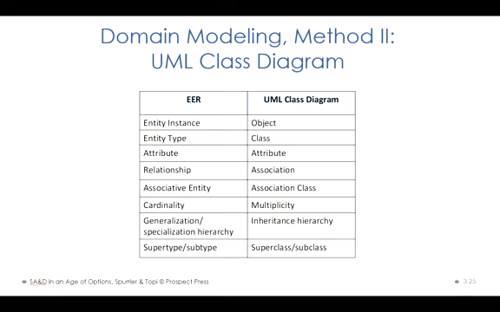Again, since both of them are very similar, we will start by looking at an example of an ER diagram, or entity relationship diagram, and then convert the notation into the UML notation. And in the class exercise, when you're doing your assignment, we will be using the UML notation.